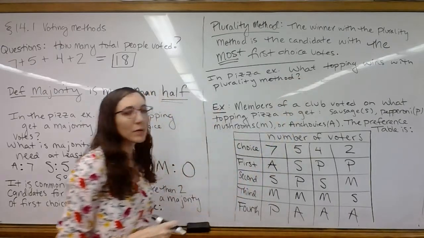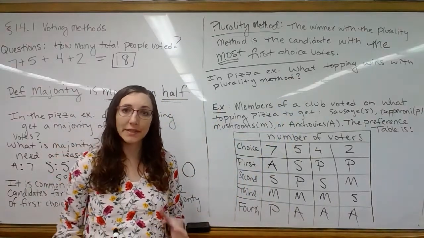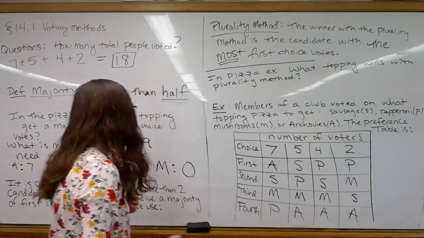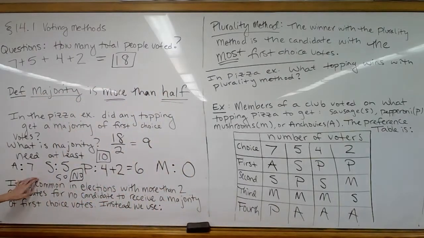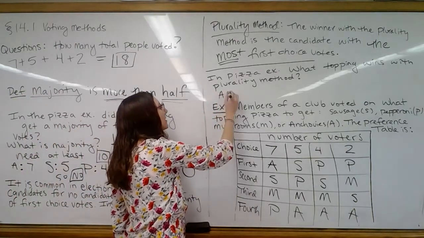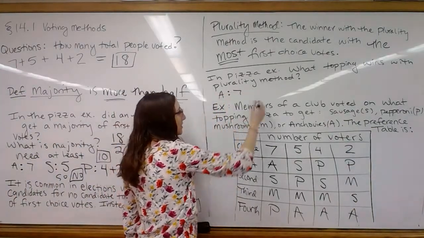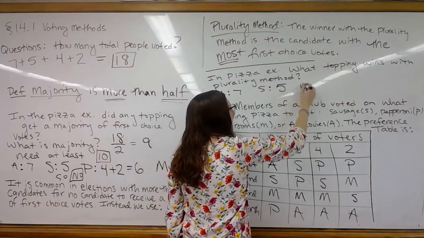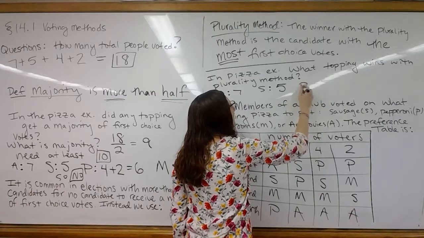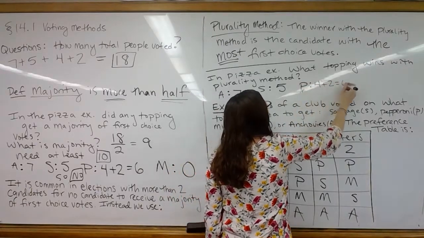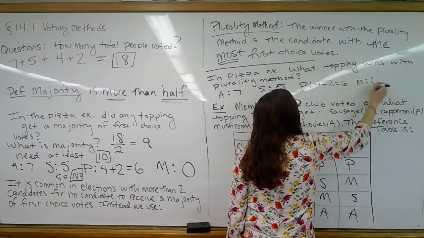Well, again, we're looking at first choice votes, which we actually already counted over here. So we could just rewrite these now. We had already seen that anchovies had 7 first choice votes, sausage had 5, pepperoni had the 4 and the 2 for a total of 6, and mushrooms had 0.